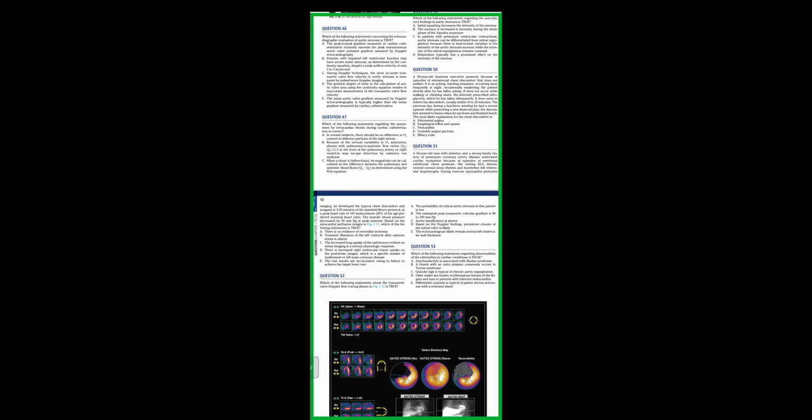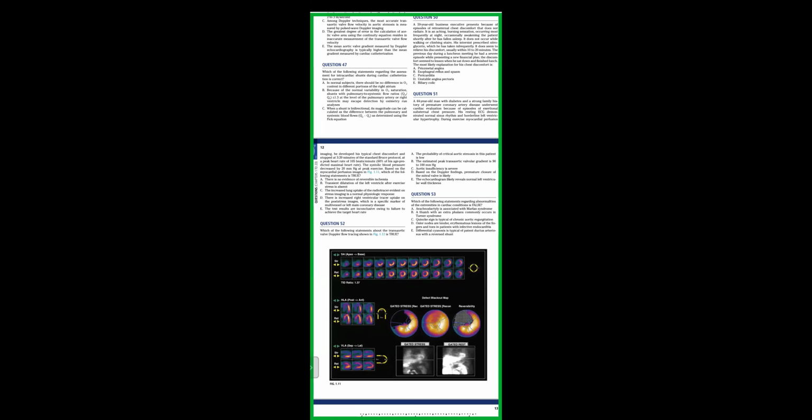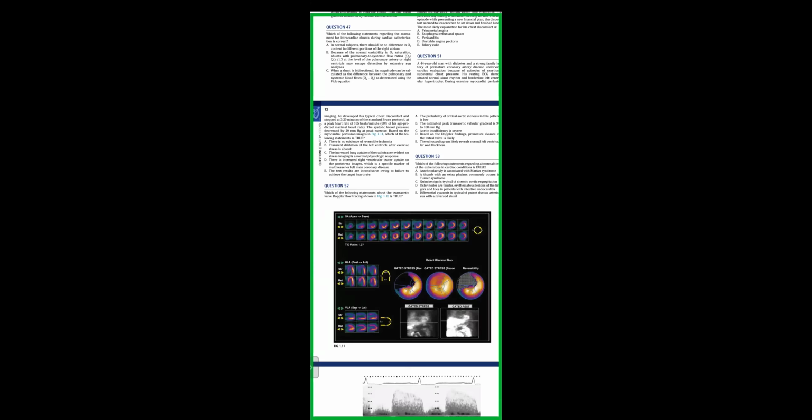Okay. 47. 47 says, which of the following statements regarding the assessment of intracardiac shunts during cardiac catheterization is correct? A, in normal subjects, there should be no difference in oxygen content in different portions of the right atrium.